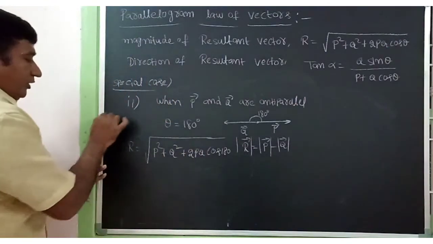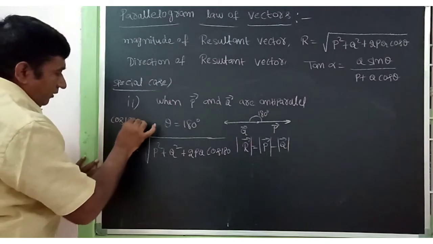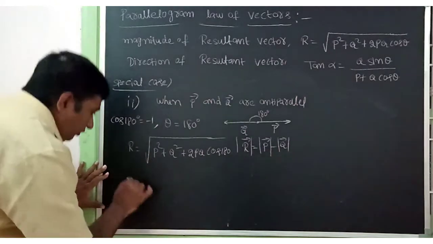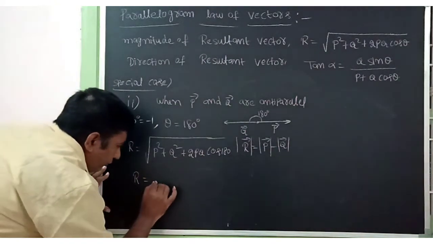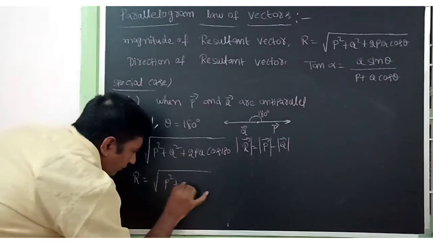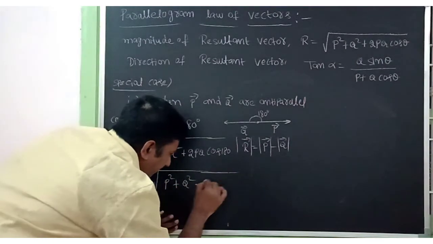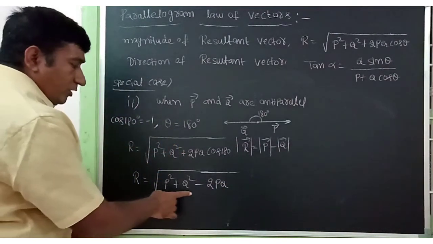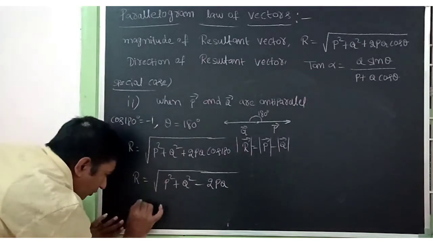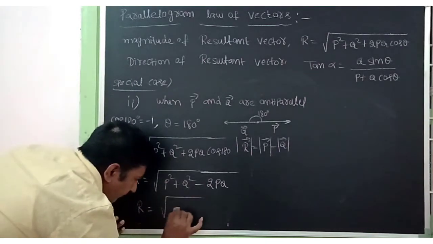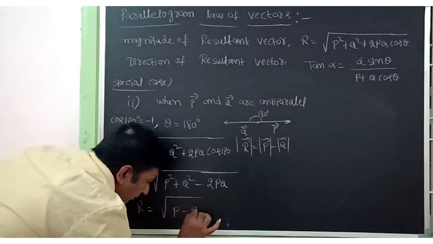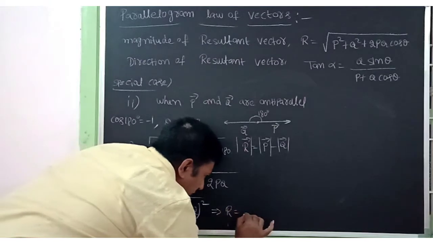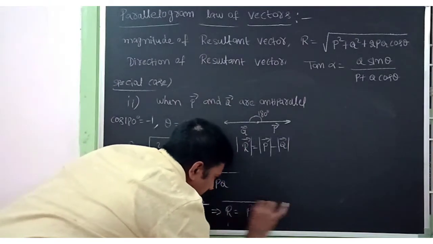What's the value of cos 180? Cos 180 is minus 1. By substituting this, r is equal to p square plus q square minus 2pq. This is in the form of a square plus b square minus 2ab, so r is root of p minus q whole square. Finally r is equal to p minus q.